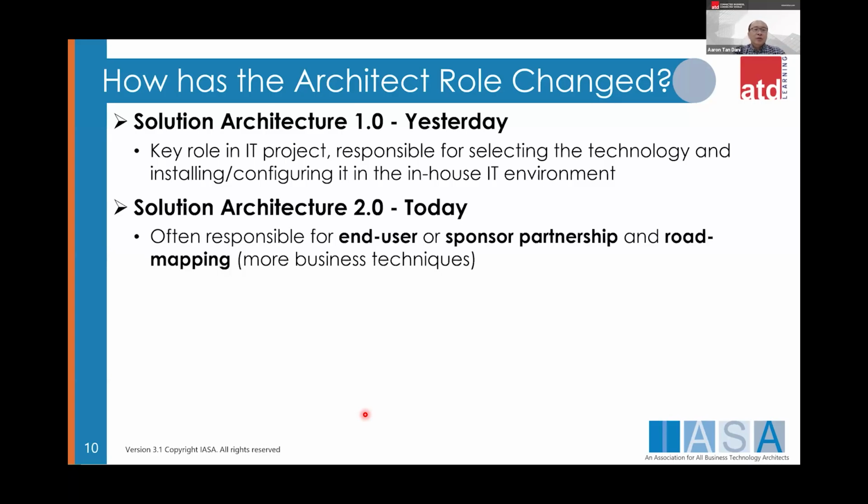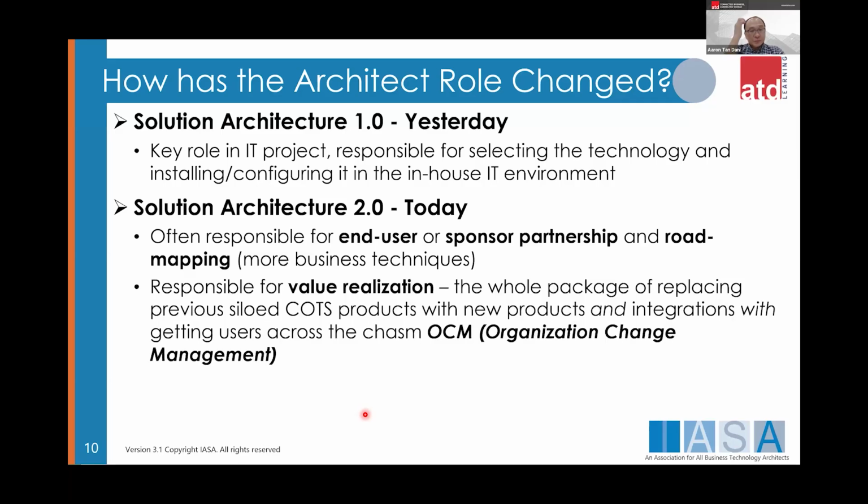Today we need to look at the end user, and we need to be able to do road mapping. When we are involved in a particular project, we need to know the roadmap of the solution, and where it is going in version 1, 1.1, 1.2, 1.3, with all the features mapping directly into the business, right? This is basically expected of today's solution architect.